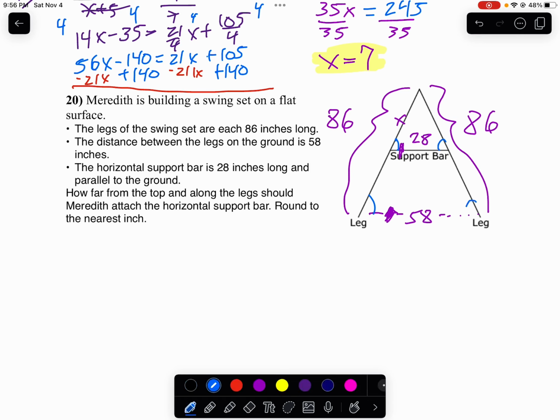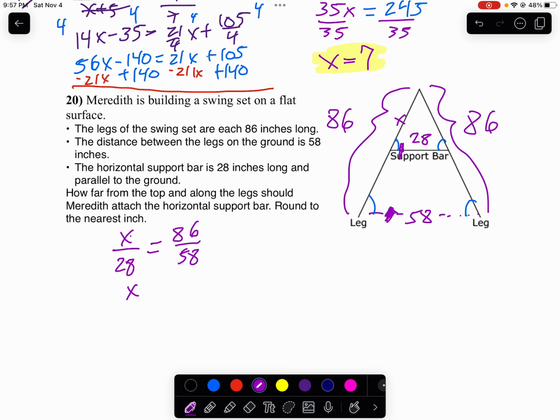So either way, the triangles are similar. I'll write my proportion using my similar triangles. The length x, that's my small triangle. Well, that corresponds to the base of my small triangle, which is 28. And the big triangle length is 86, and that corresponds to 58.